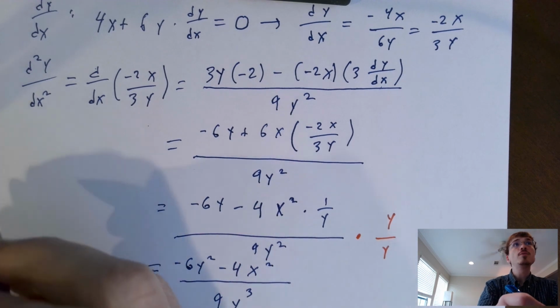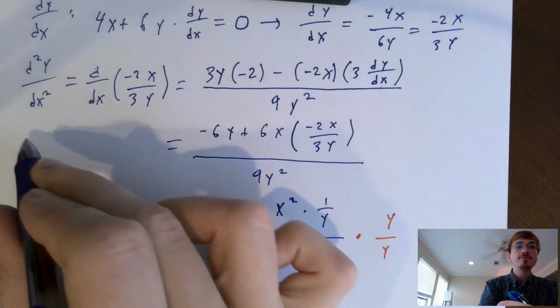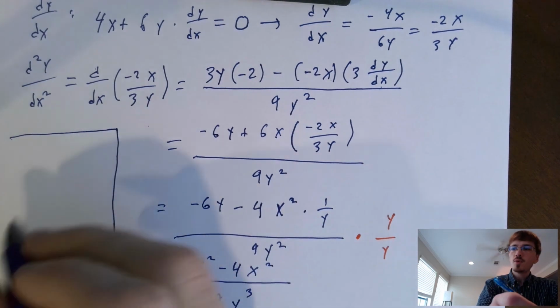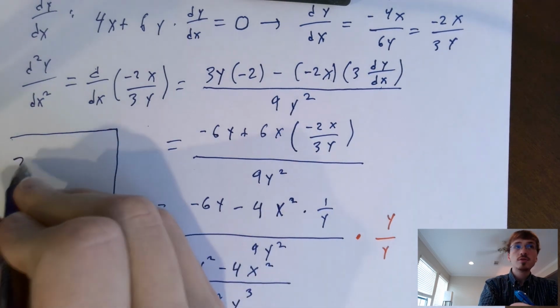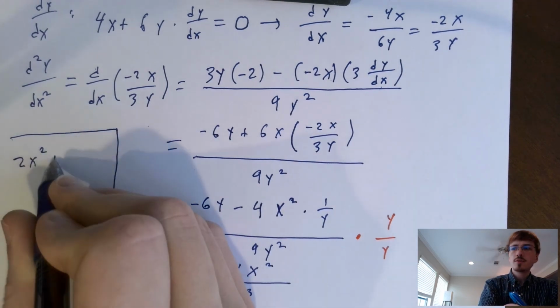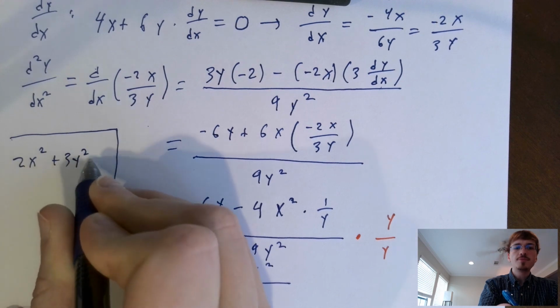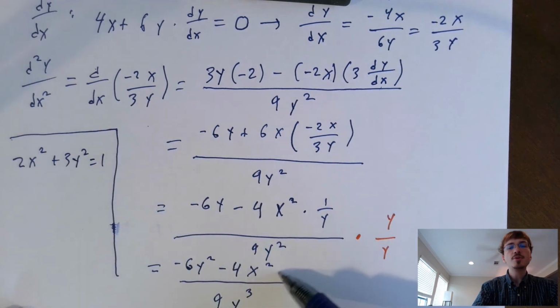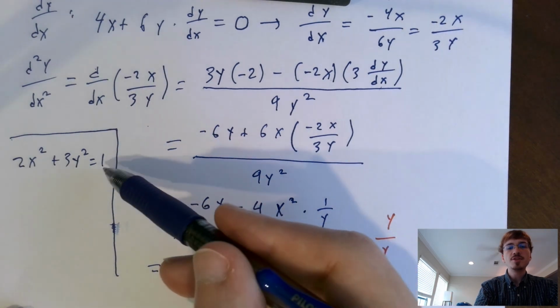But I know what you're thinking. What was my original equation? My original equation, let me write it over here, was 2x squared plus 3y squared equals 1. And that's almost the same as this, it turns out. Let's multiply this equation by negative 2.